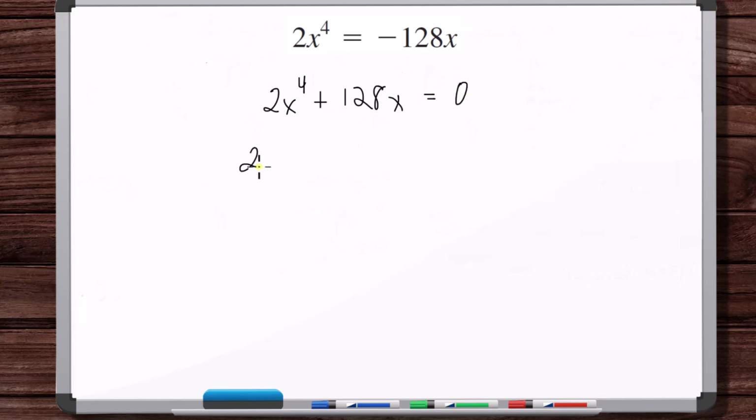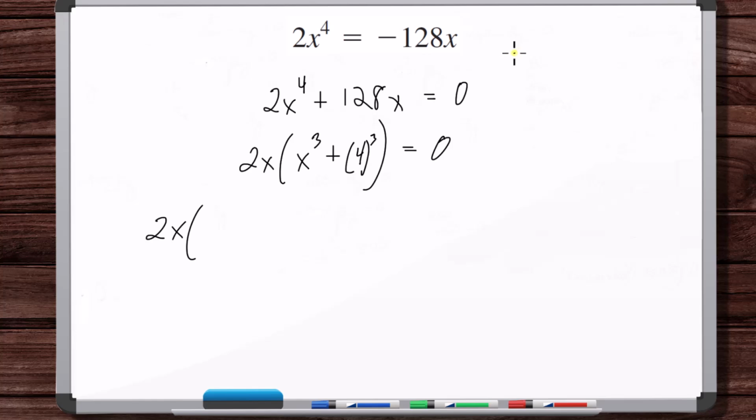So, let's factor out a 2x. So we've got x cubed plus, what is that, 64? Now here we've got a sum of 2 cubes, so we can use the sum of 2 cubes formula.